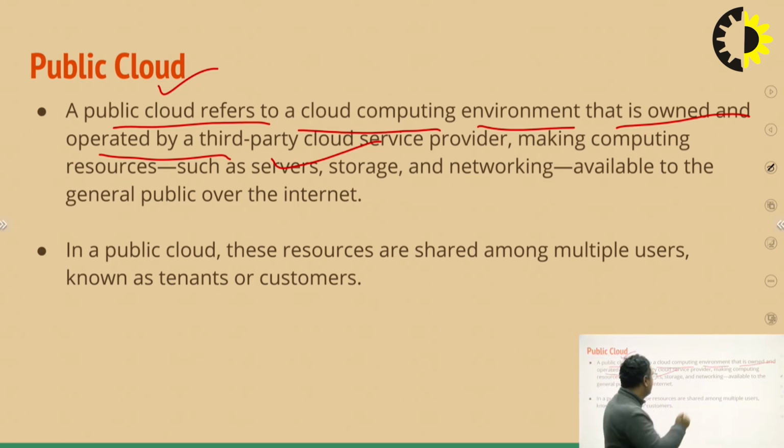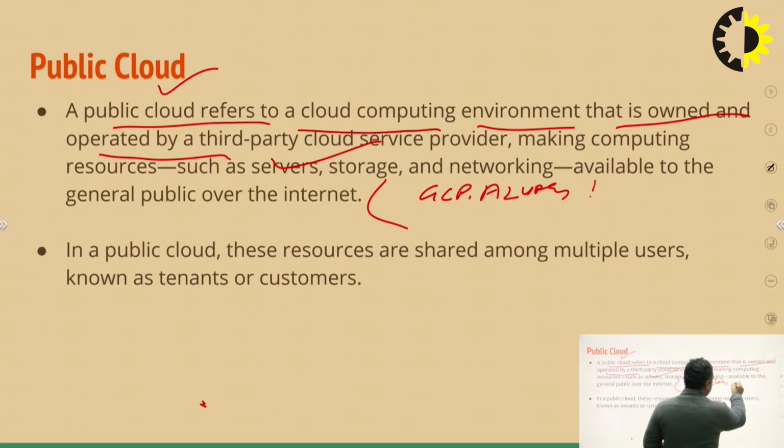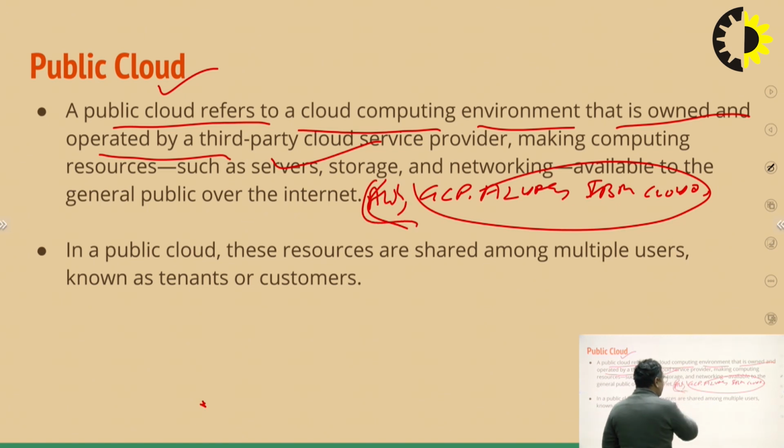So what are those third party providers? Talk about the brands here. Google has the GCP, Microsoft has Azure, IBM has IBM Cloud, and who tops the list is AWS by Amazon.